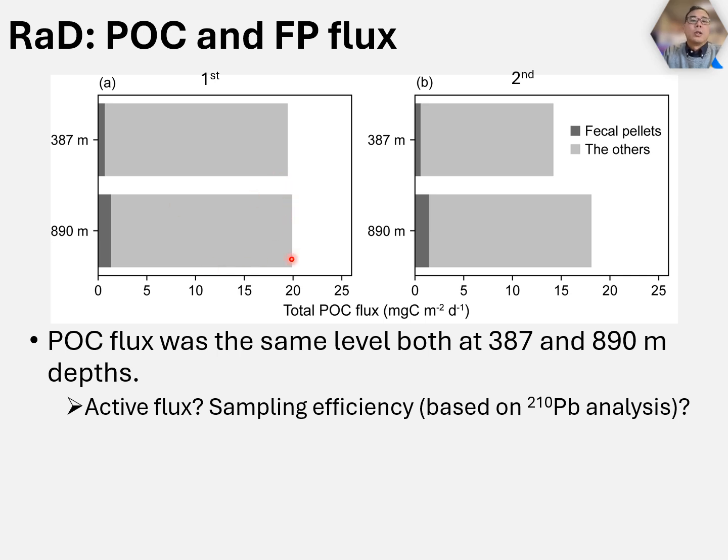We did not conclude why this occurred, but it may be due to the active flux of zooplankton or micronekton, or low sampling efficiency in the upper sediment traps. The fecal pellet contribution was low but comparable to other areas. The contribution was around 4% in the upper layer, while it was 7 or 8% at 900 meter depth.